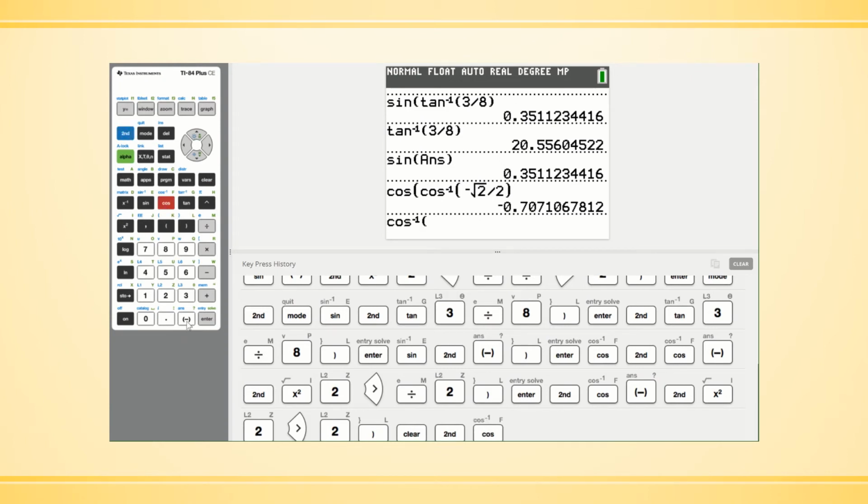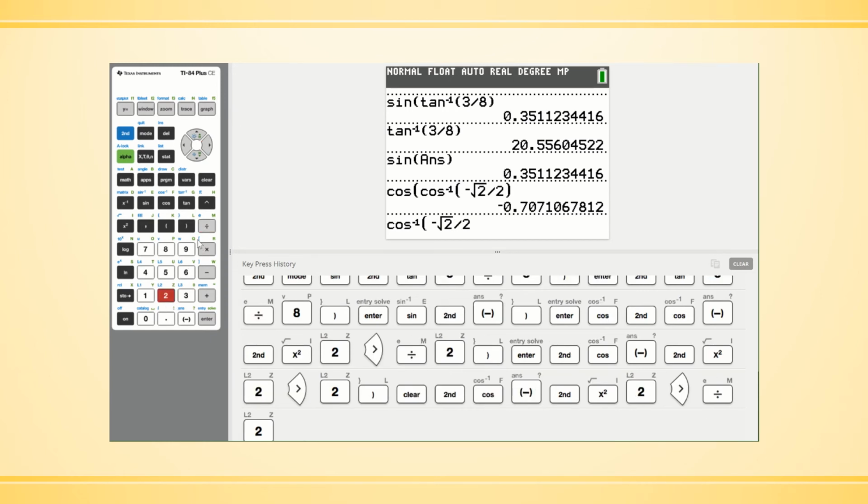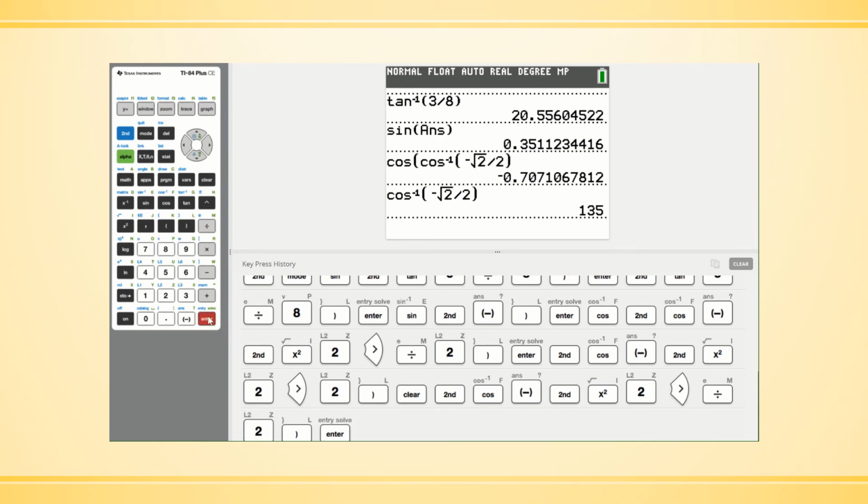Inverse cosine of -√2 divided by 2. 135 degrees, that would make sense.